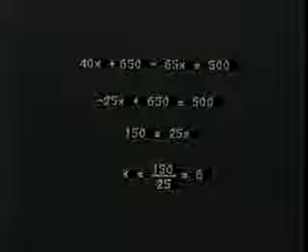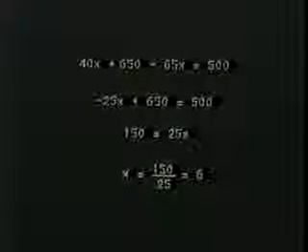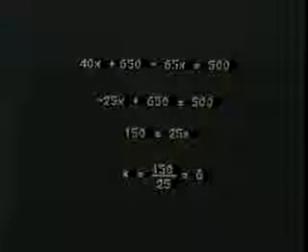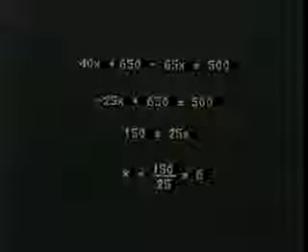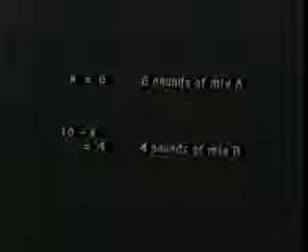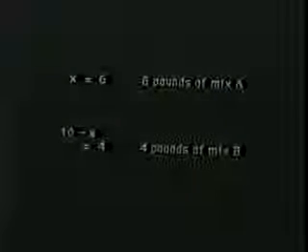And we find out in no time at all that X is 6 pounds of mixture A. Mixture B was 10 minus X, so 10 minus 6 gives us 4 pounds of mixture B.